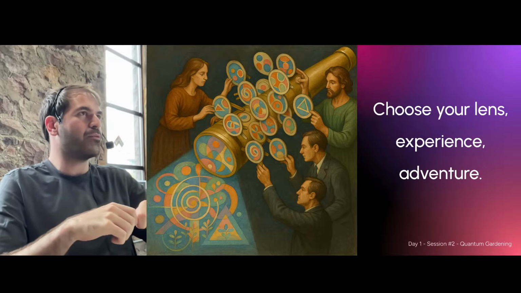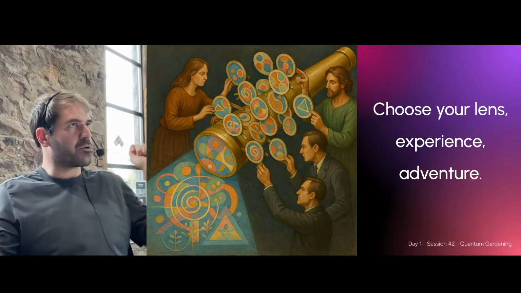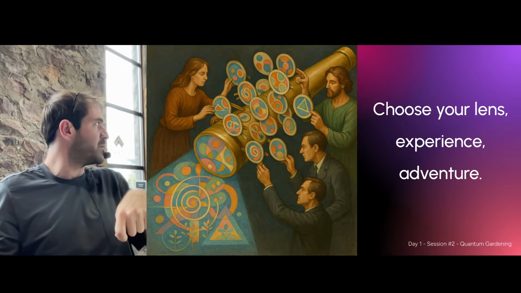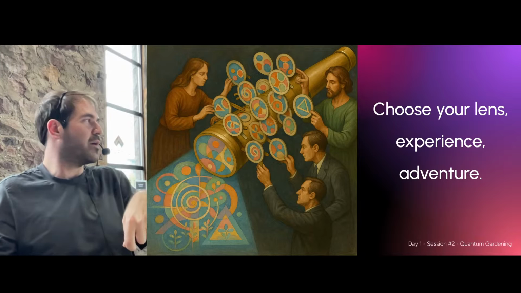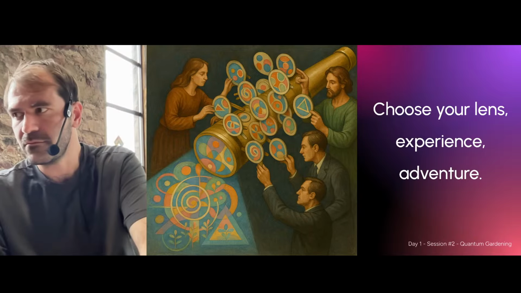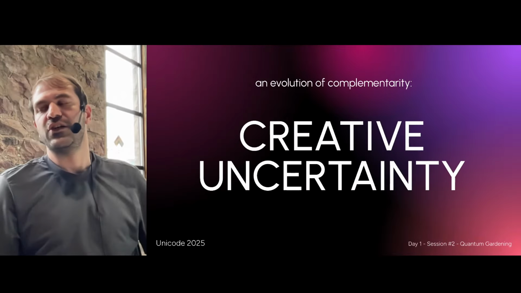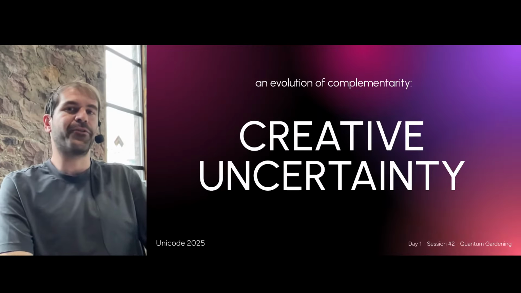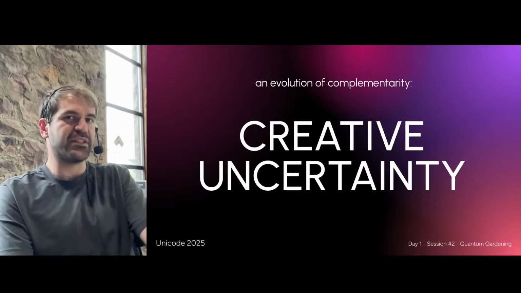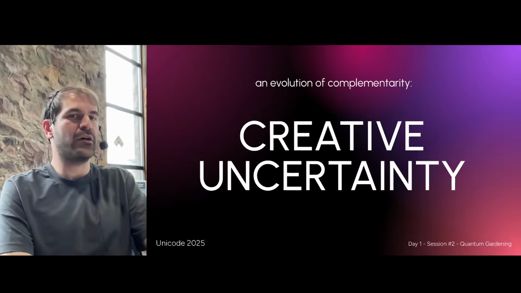But then next, I want to render the experience of eating out with friends. Next, I want to render the experience of going to sleep for a little bit, or playing with my son or daughter or whatever. So this is where we're going. We're taking this cruciform physics, we're evolving complementarity into a form of creative uncertainty.